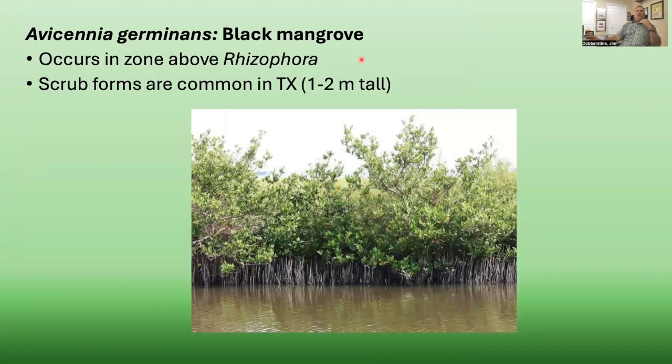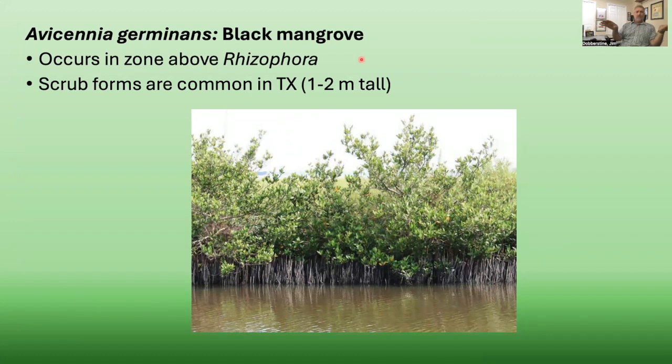Now, the tree you'll most often see here is Avicennia germinans. Sorry, that's a hard one for me to pronounce. Commonly referred to as black mangrove. And it actually occurs a little higher than Rhizophora does. The scrub forms are everywhere.